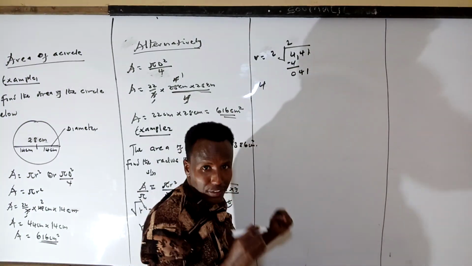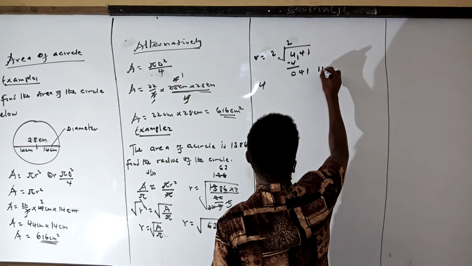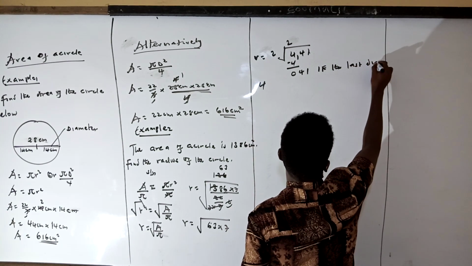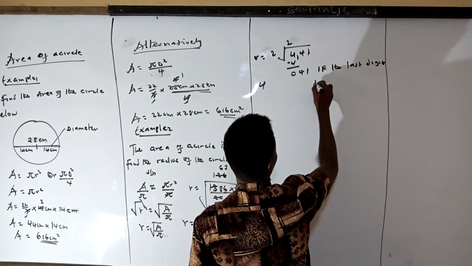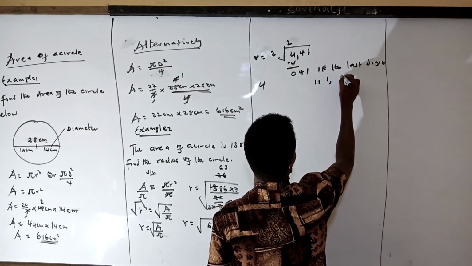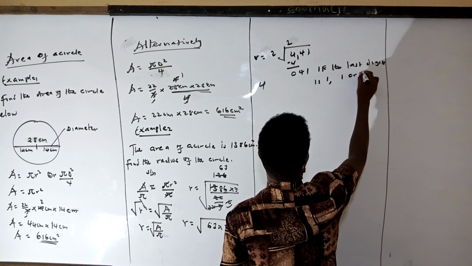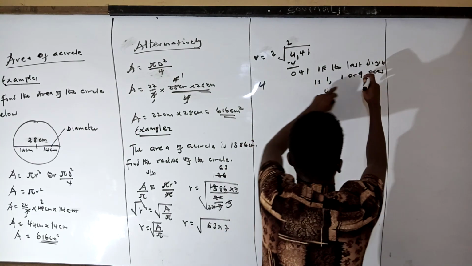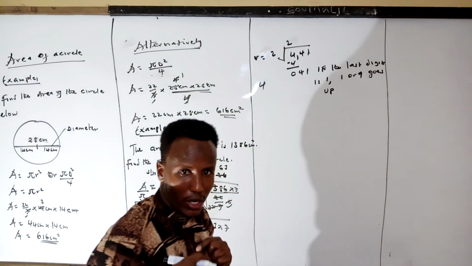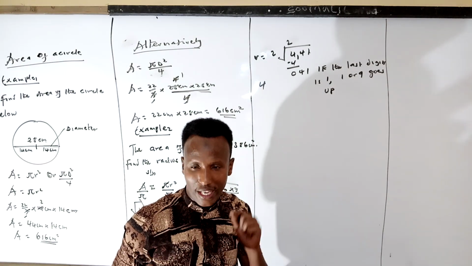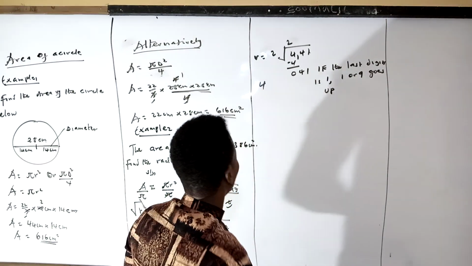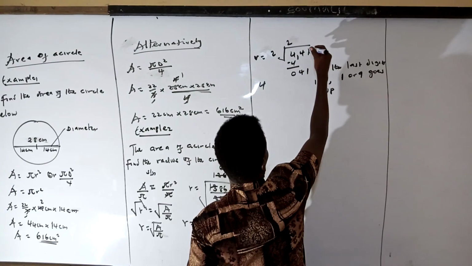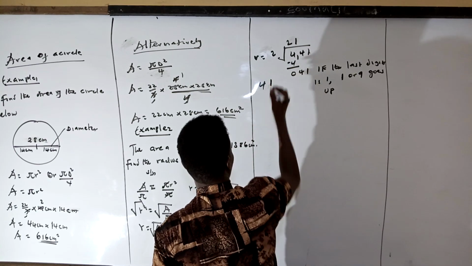Remember, we said if the last digit is 1, then 1 or 9 goes up, because 1 times 1 is 1, and 9 times 9 is 81, 1 carry 8. So let me start with the smaller number, that's 1. Now, place 1 there, place also 1 here.